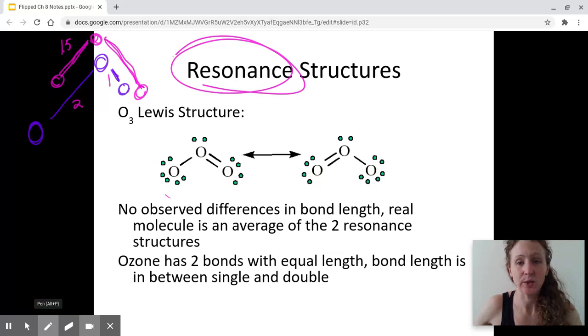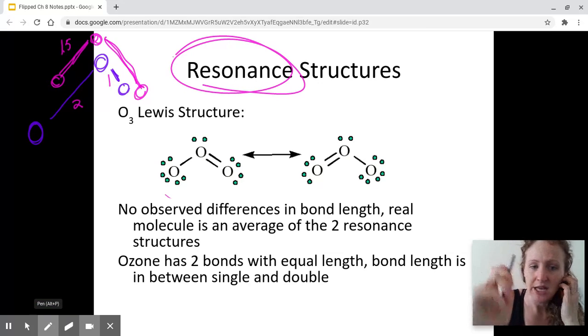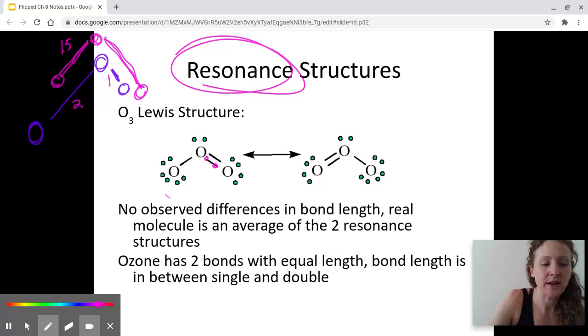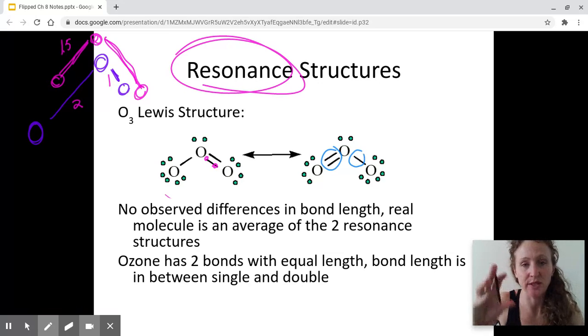The molecule has resonance. And here's what that means. It means that these two electrons are not actually localized. Remember, we talked about this molecule as if we have localized electrons in the bonding region, right? Those electrons are stuck in between those two atoms and they cannot move.